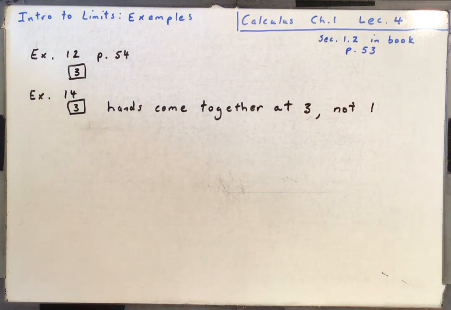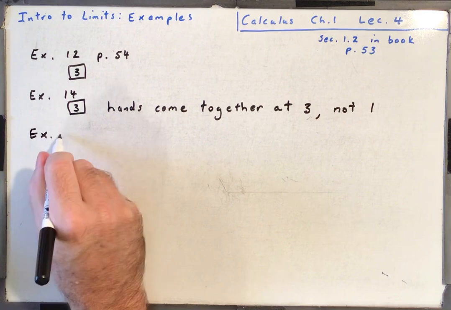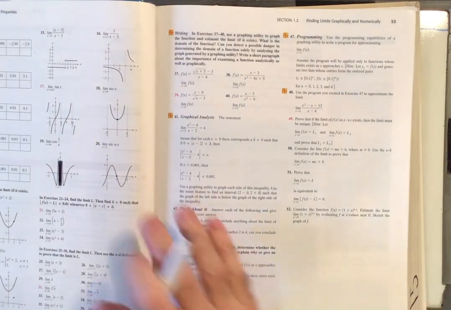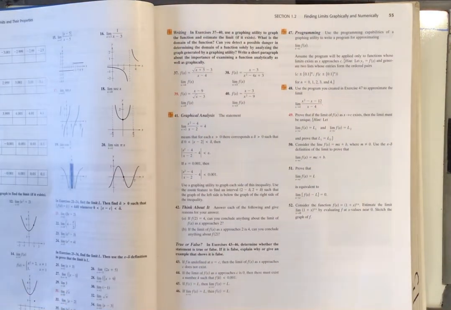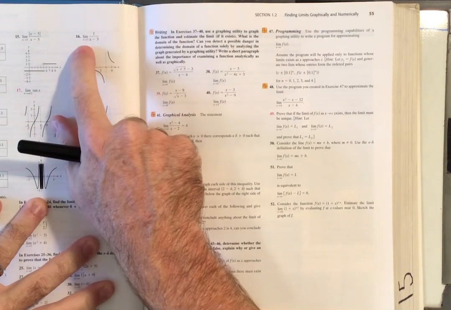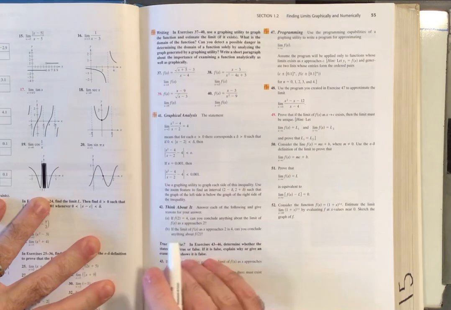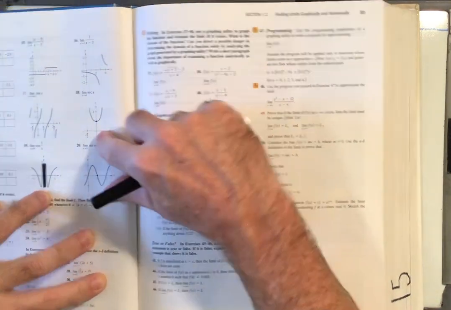All right, let's look at example 16. All right, this one is definitely different. Okay, so let's look. We've got the limit as x approaches 3 of 1 over x minus 3. So let's follow the graph and see if our hands touch here.